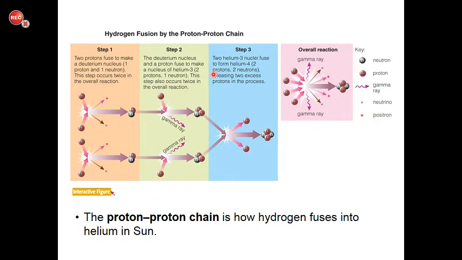The deuterium will fuse with another proton, and this makes helium, but not quite what we want. It's another isotope. And then those 2 isotopes fuse and form the actual helium-4 nuclei. What we start off with is 6 protons, and we're left with 2 protons and helium.